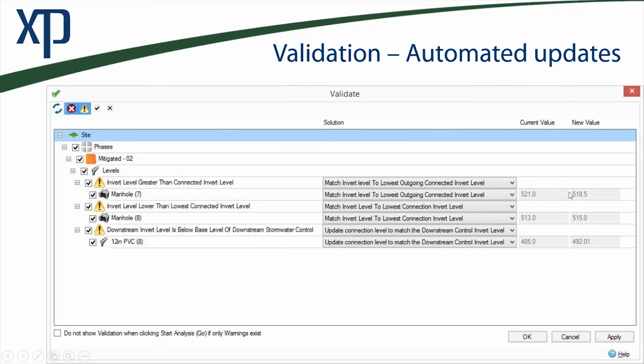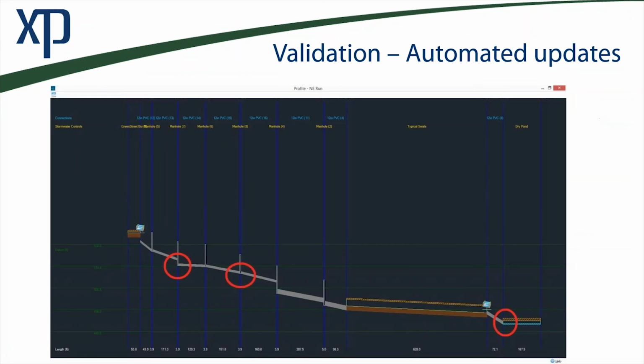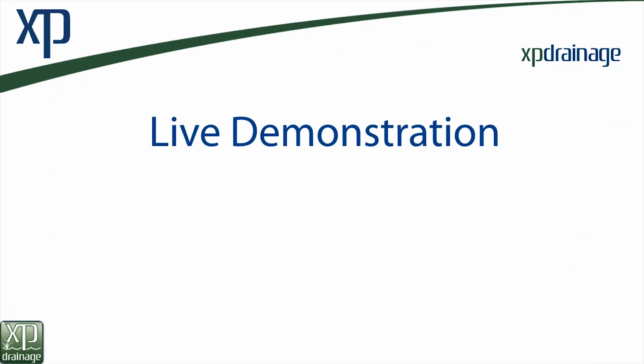So for the first two warnings, our manhole invert levels will be updated. For the third warning, our pipe invert level will be updated. If we accept those options and revisit the profile view, again, we can quickly see whether that correction has occurred.